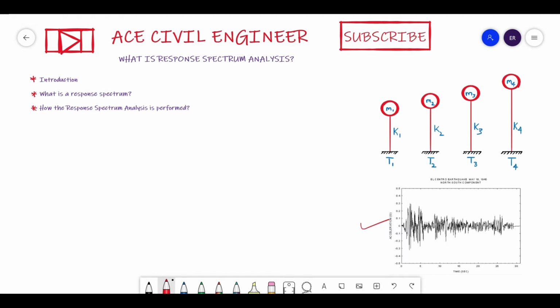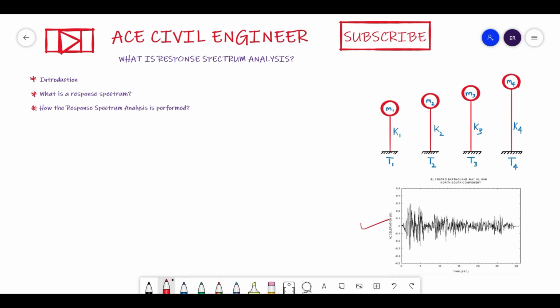Now, friends, there are certain difficulties, so to overcome all those we use the response spectrum method. I have already informed you, the basic advantage is that it has some computational advantages. Using the response spectrum method of seismic analysis, for prediction of displacements and member forces in structural systems, it involves the calculation of only the maximum values of the displacements and also the member forces in each mode of vibration.